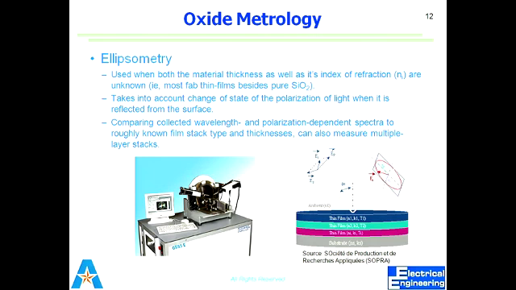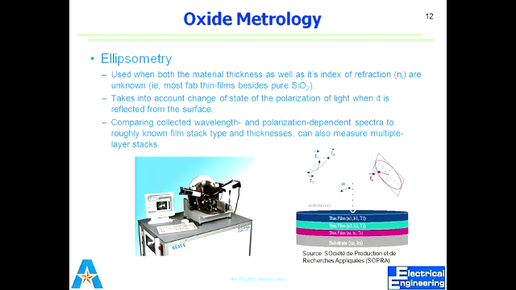So on the computer screen you will find the thickness of the oxide layer that you have on the silicon surface. Now how it actually works: it takes into account the change of state of polarization of light when it is reflected from the surface. One thing that is necessary is that it should be a transparent layer in which you can measure the thickness.